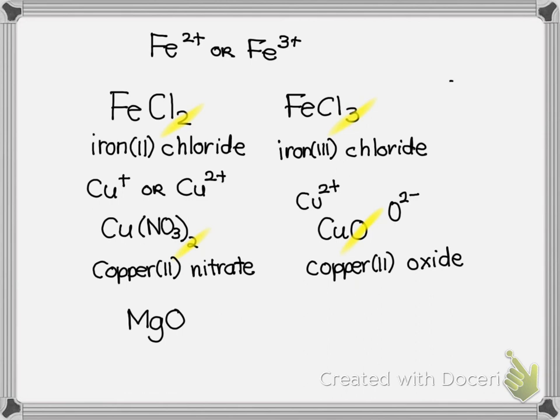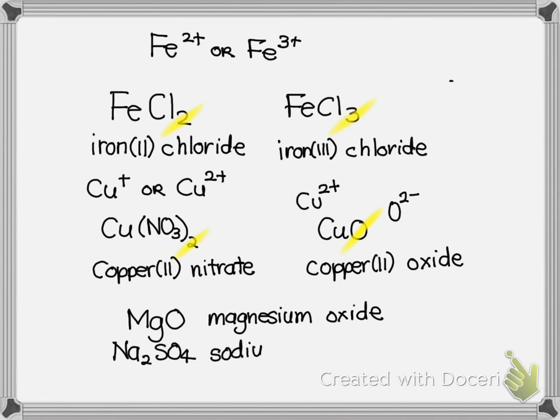It doesn't have Roman numerals, so this is just called magnesium oxide. Or if I have Na2SO4, I don't have to think that hard. Sodium can only have one charge, so this is just sodium sulfate.